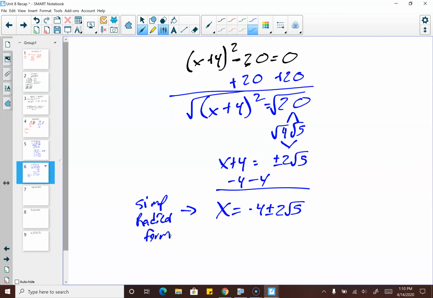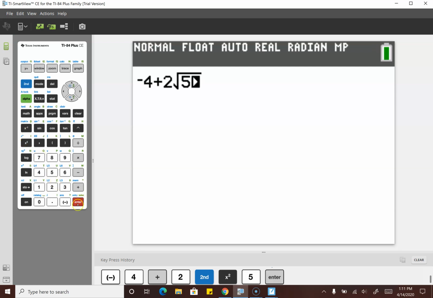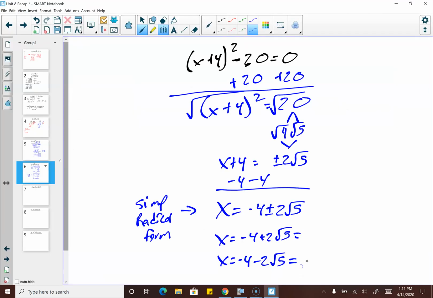All right, so if you get x equals negative 4 plus 2 square root 5, that's simplest radical form, and you could stop right there. If they tell you to round, you would have to do negative 4 plus 2 radical 5 and negative 4 minus 2 radical 5, kind of like we did in the last example. The only difference is you're going to need your calculator for this one. And if we round here to the nearest tenth, we would get 0.5.